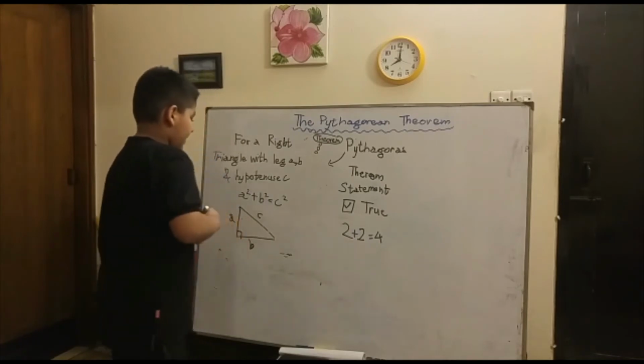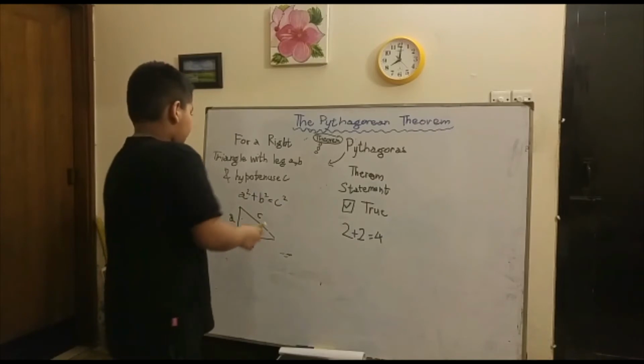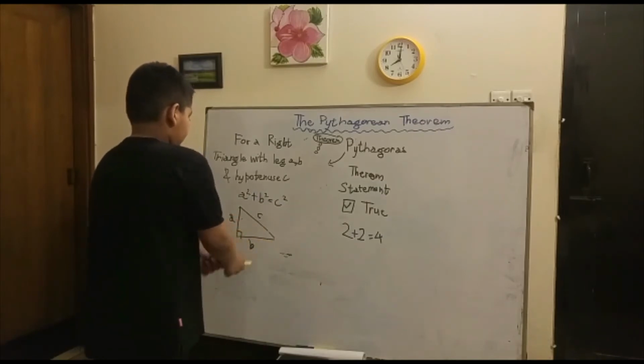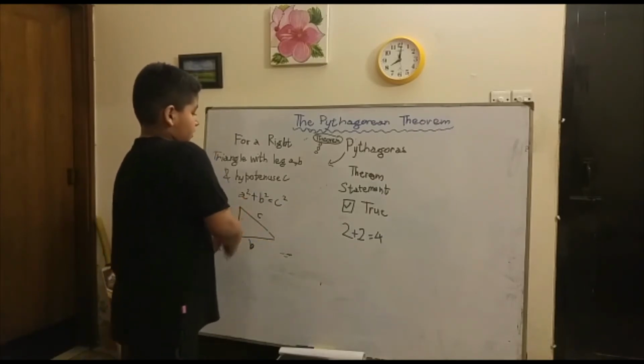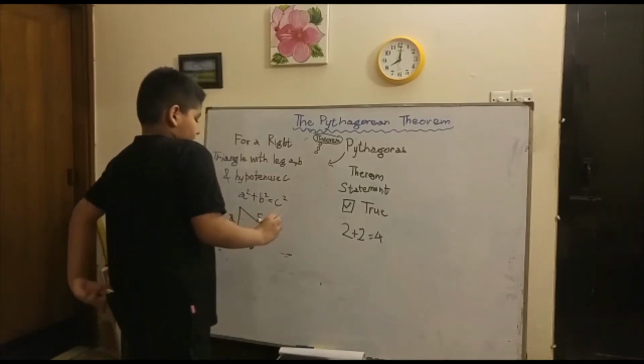So what it's saying is if we take the square of A and the square of B, we get the square of the hypotenuse.